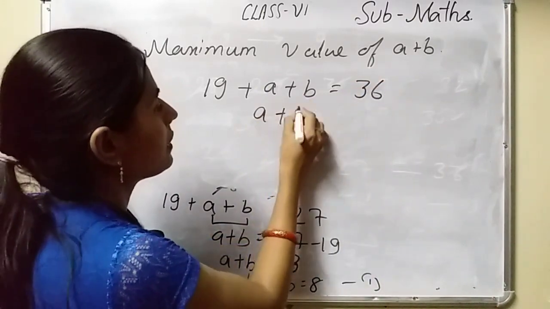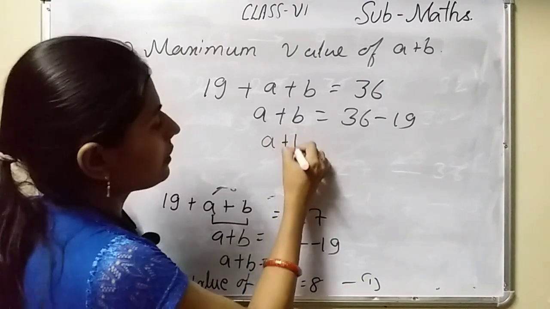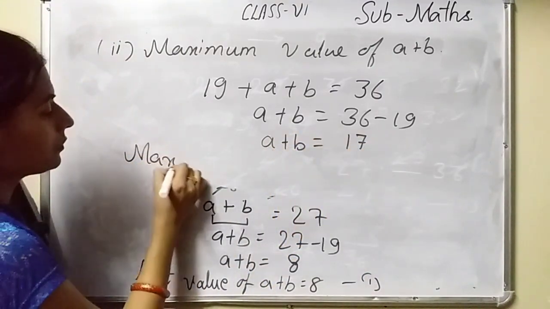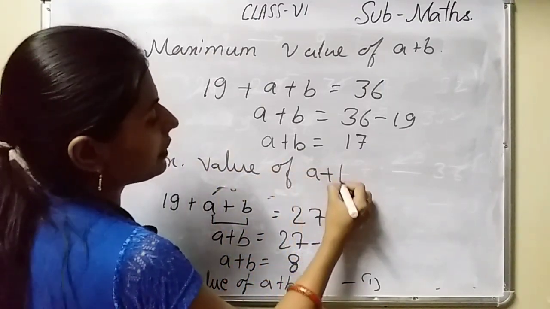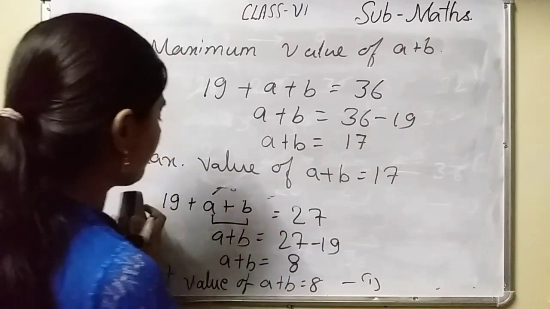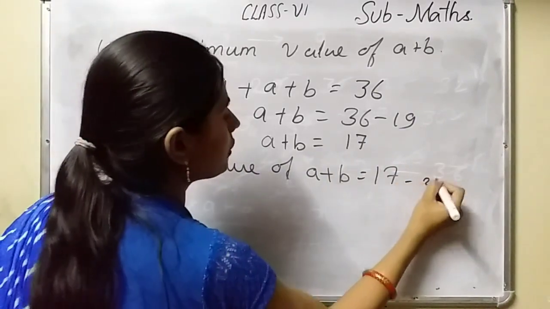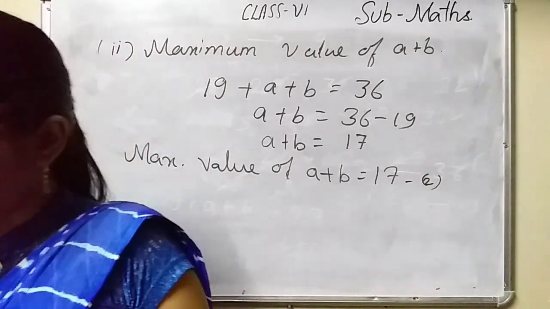Now A plus B is equal to 36 minus 19. A plus B is equal to 17. So that is the maximum value of A plus B, equal to 17. Okay, this is your second condition given in the question.